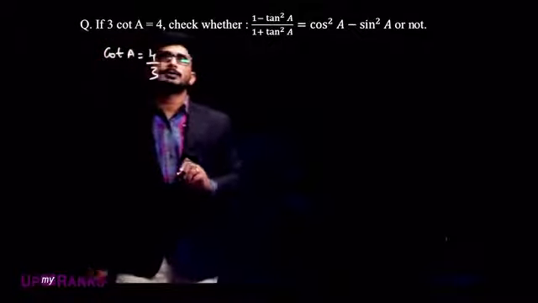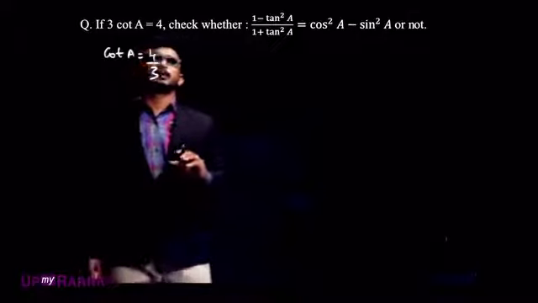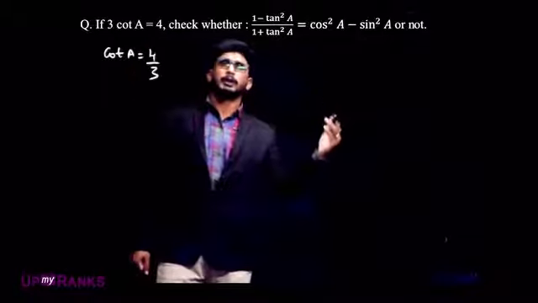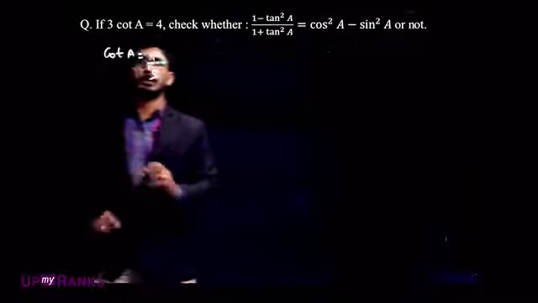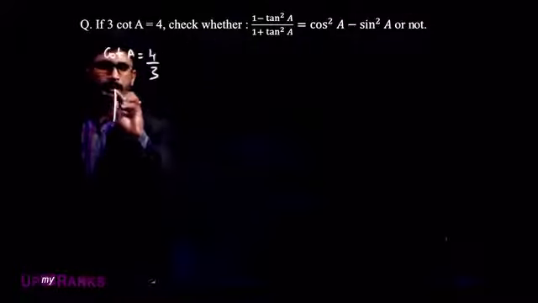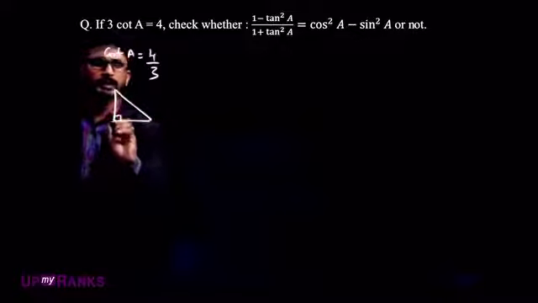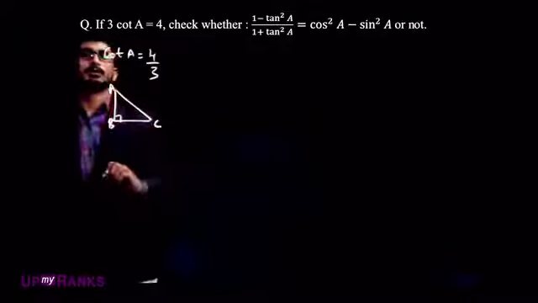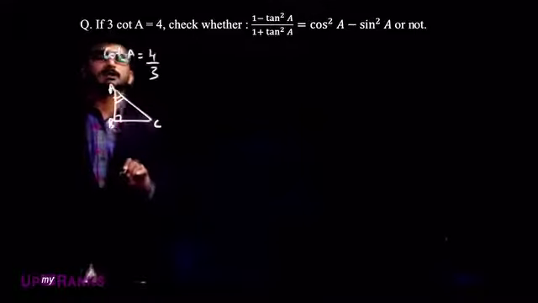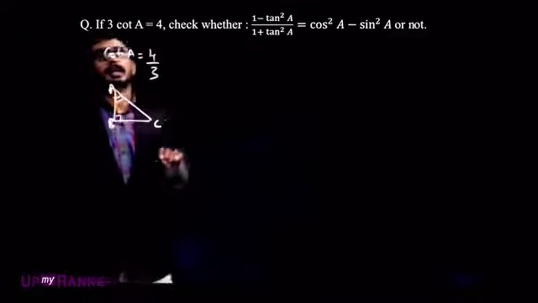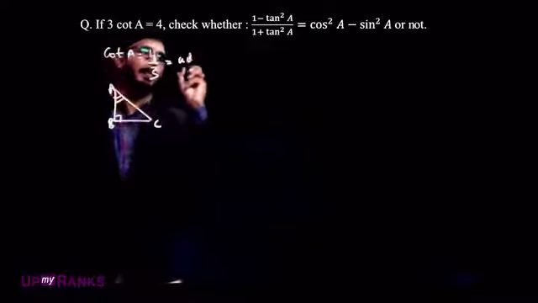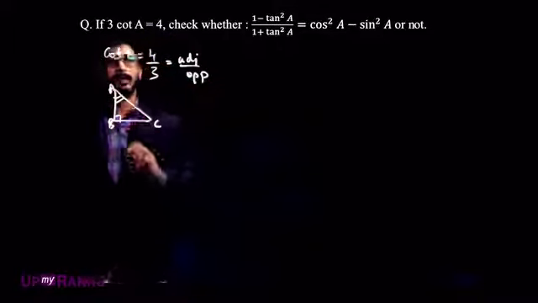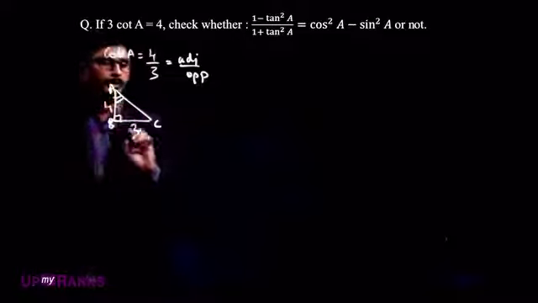So when cot A is equal to 4 by 3, which is in other terms like tan and cos and sin square A, we have to use the triangle now. So let us find it out fast. We have a right angle triangle. So this is A, this is B and C. So it's angle A, which means we have tan as adjacent by opposite, adjacent is this side, 4 by 3.